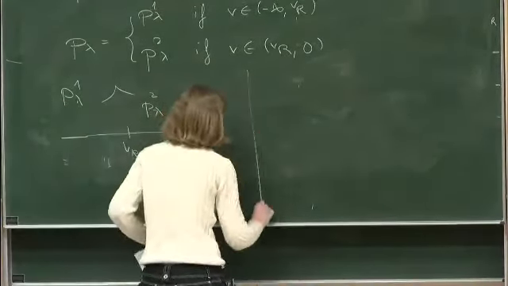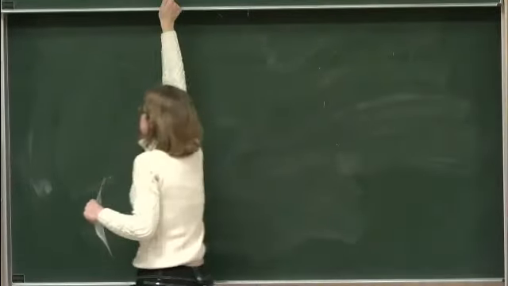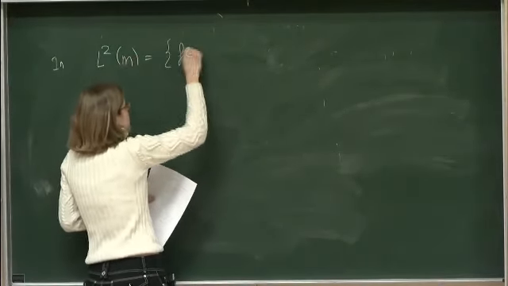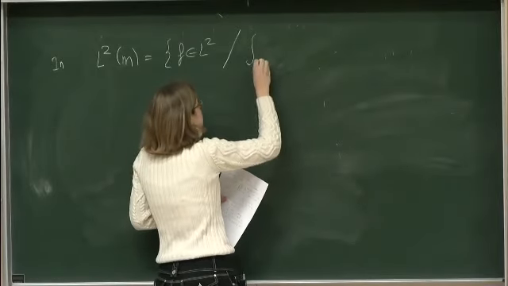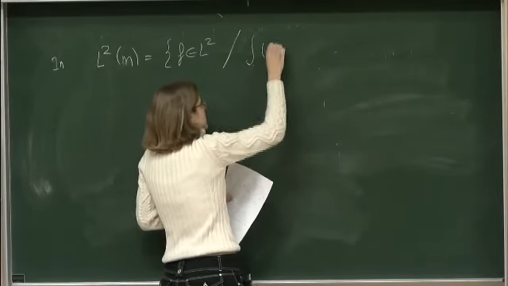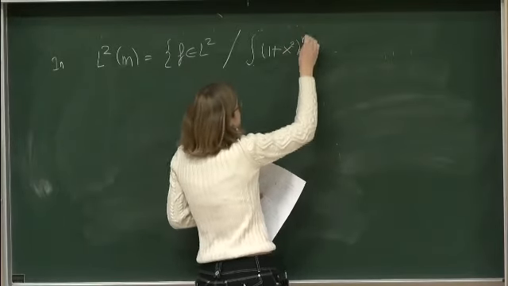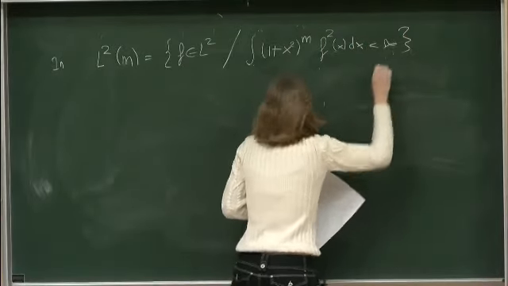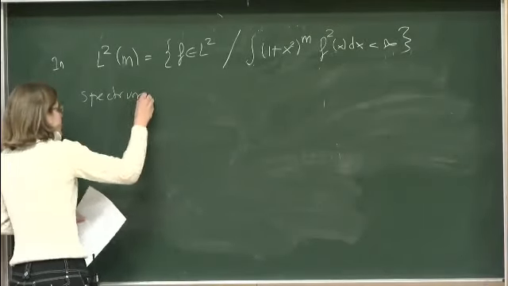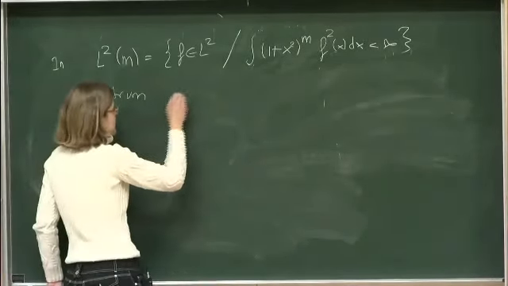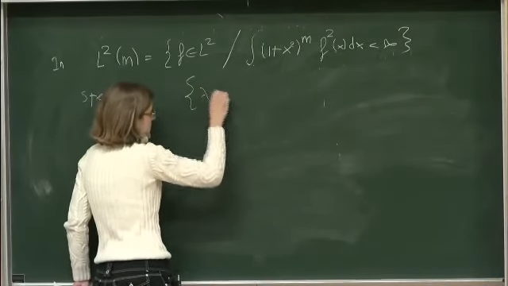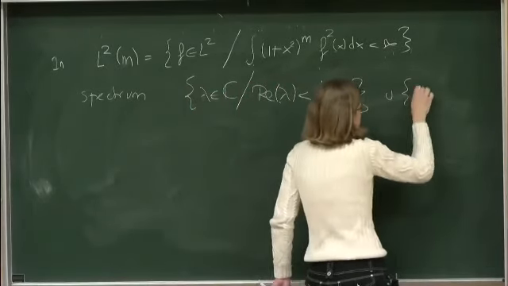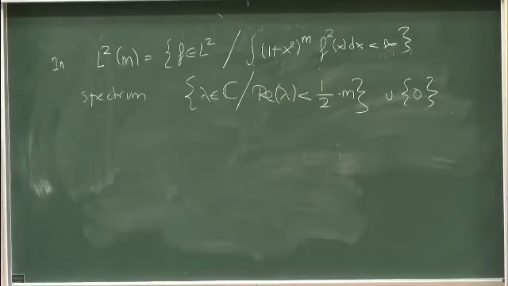One of the surprising results is that if I consider the space L2 with polynomial decay, the space of functions with weight (1 plus x squared) to the n times f squared, then your spectrum, and I didn't write the spectrum for the Fokker-Planck in this case, but it's the same one, is the set of complex numbers such that the real part of lambda is less than 1/2 minus n, and then the stationary state that we know, but you see the eigenvalues have disappeared.